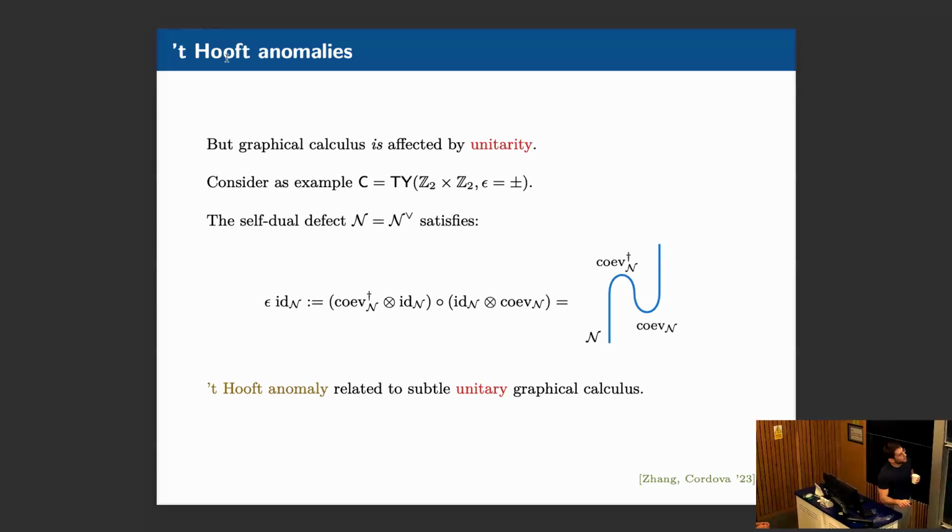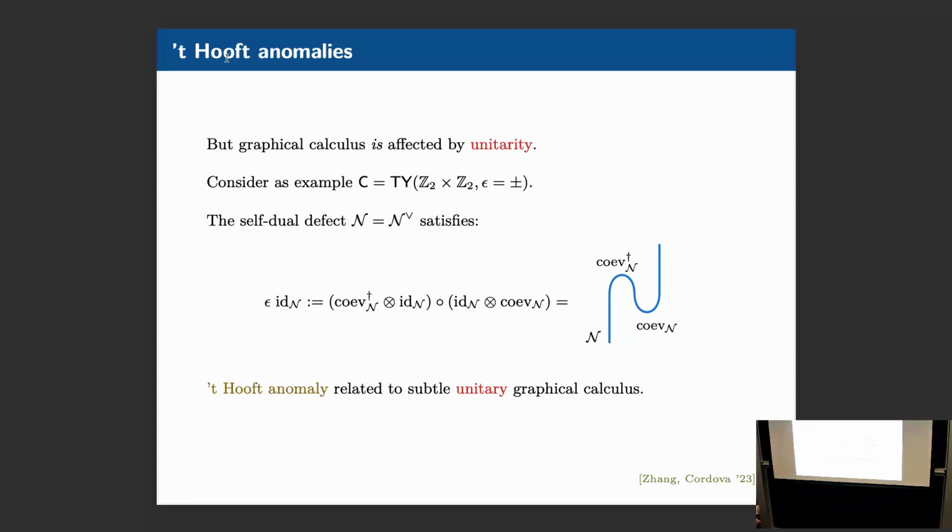But what I want to remark here is that this Frobenius-Schur indicator for unitary fusion categories, with different notions of unitarity, is constrained by the fact that it needs to play well with the notion of unitarity. That's given by the fact that you're identifying some evaluations with the dagger of some coevaluations.